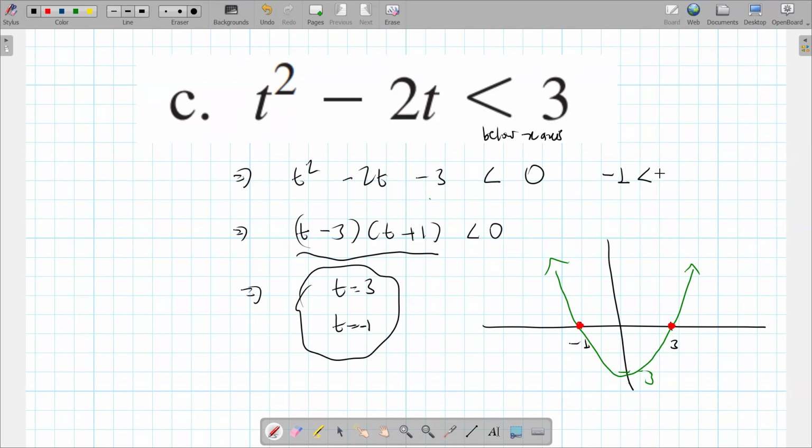So between -1 and 3, the function is strictly negative. You can use interval notation as well. Because -1 and 3 are not inclusive, we use rounded brackets. This is the interval notation, and that's the answer to this quadratic inequality.